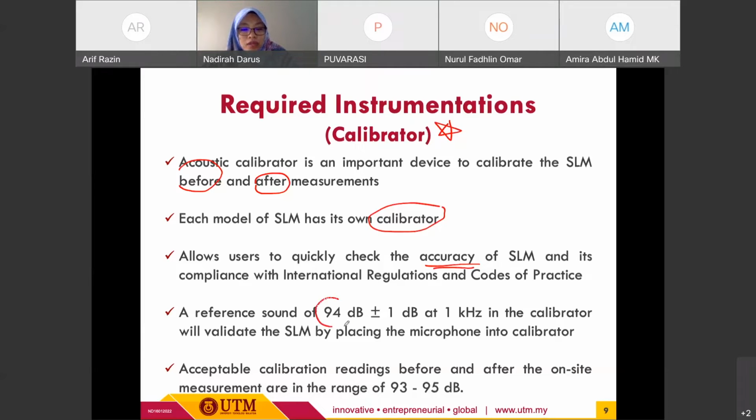So for the type 1, dia punya reference sound should be 94 dB plus minus 1. Okay, so maksudnya kalau kita calibrate the equipment, this is the calibration value for the 94. So plus minus 1, it should be within this range, 93 to 95.